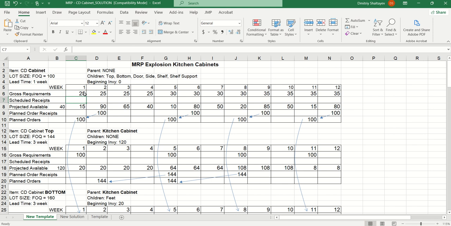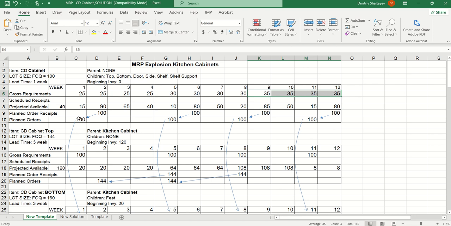In the next 12 weeks, we have predicted the demand for the kitchen cabinet to be 25 units in the first month, 4 weeks, then it's going to go up to 30 units a week, and it's going to go up to 35 units a week.